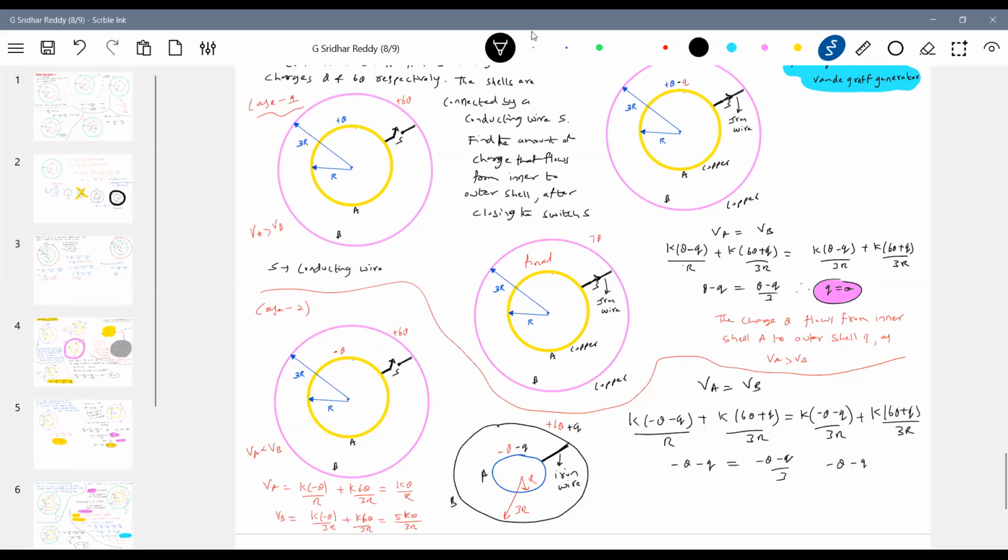So this minus q should be equal to 0. Therefore, what should the q charge be? It should be equal to minus q.